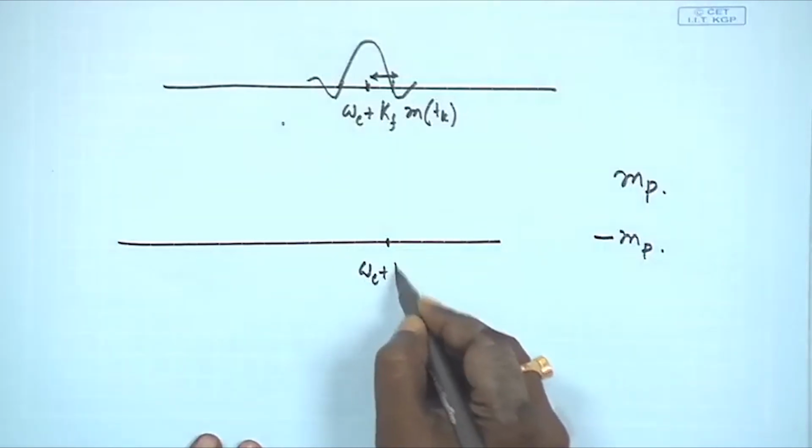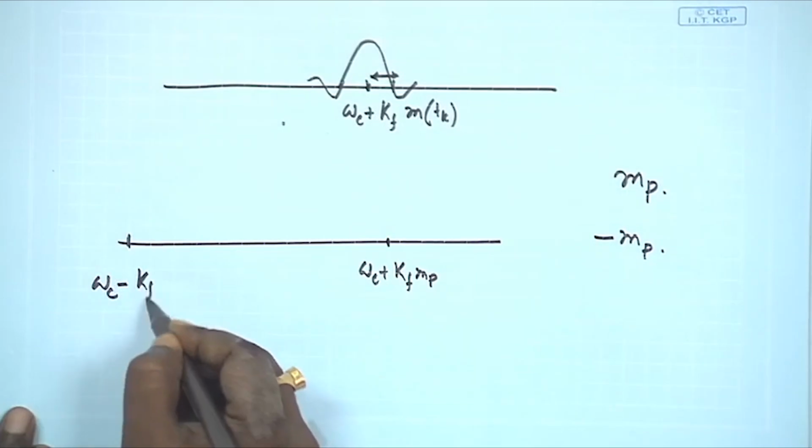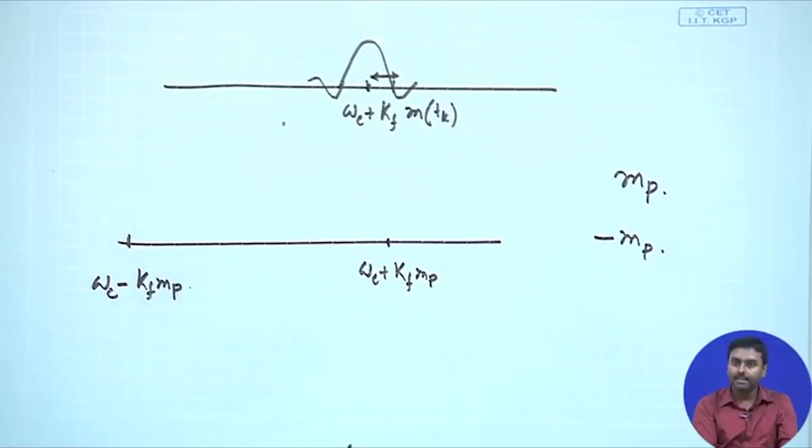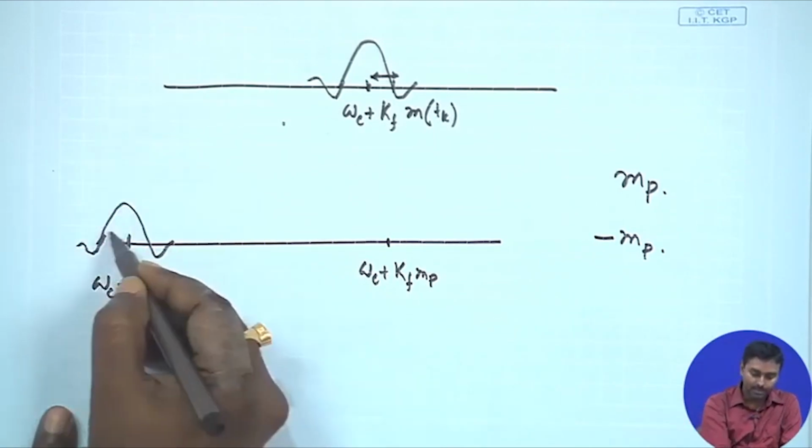But the maximum will be at omega c plus kf mp; it will not go beyond this. The minimum will be at omega c minus kf into mp; it cannot be anything less than this, and then there will be a sinc on top of this.